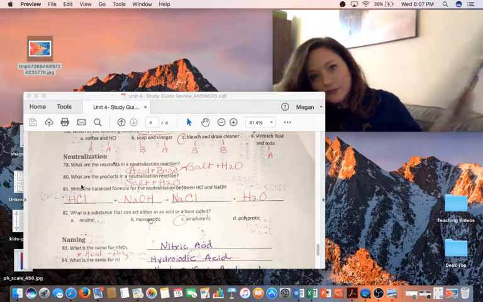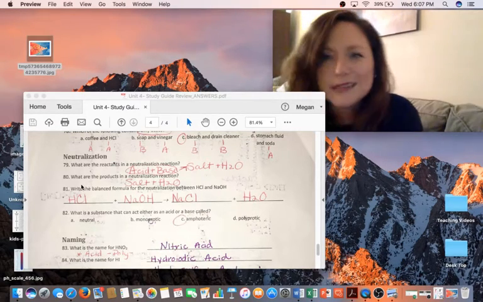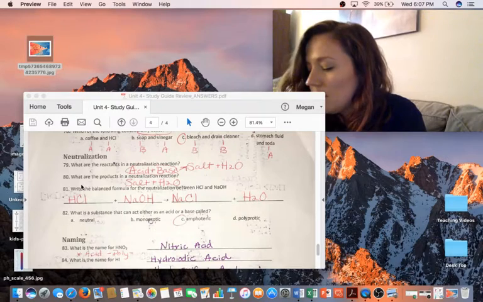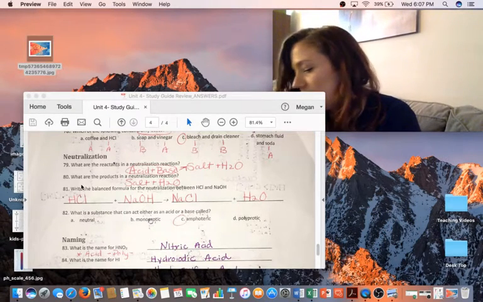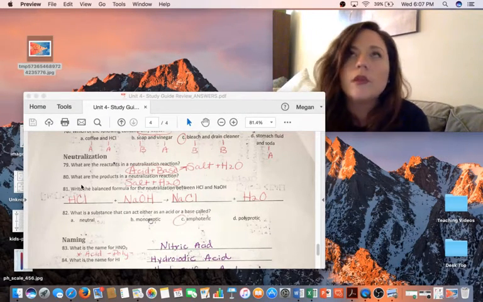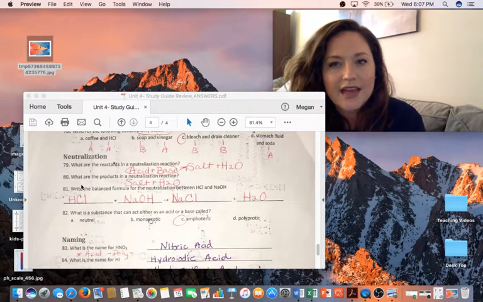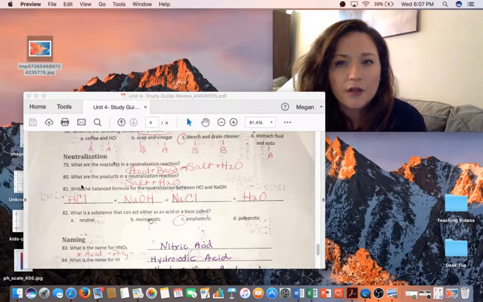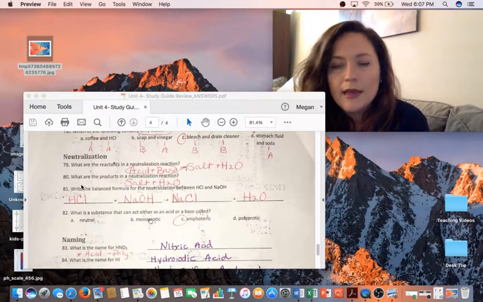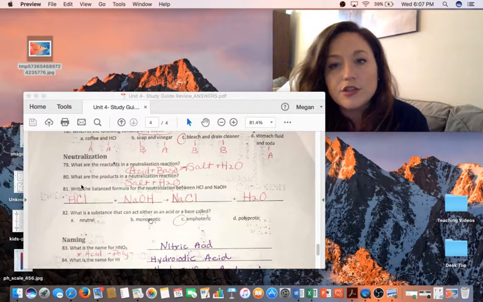So, all right, neutralization. This got some of you guys because it was the last thing we learned last week, so make sure you understand the structure of it. When you have an acid burn or anything like that, you can't just put water on it, because it dilutes it. It doesn't neutralize it. So you have to take a base, and a great base is baking soda.